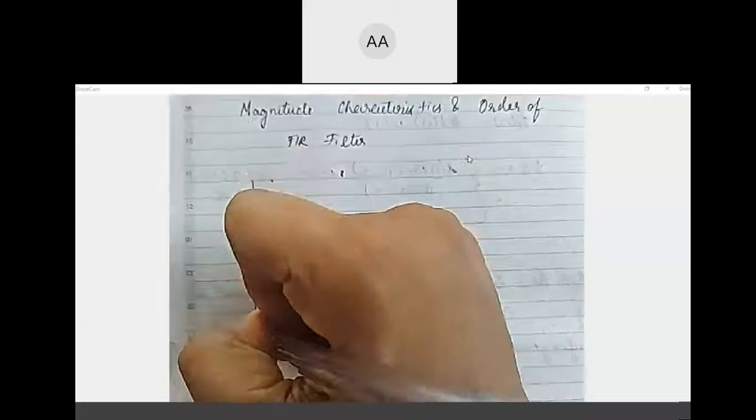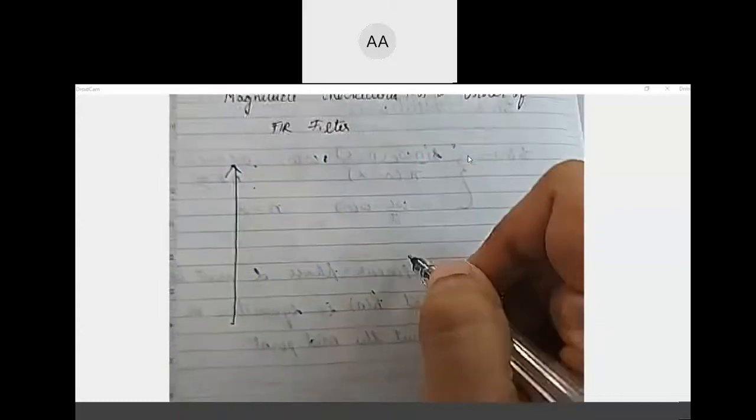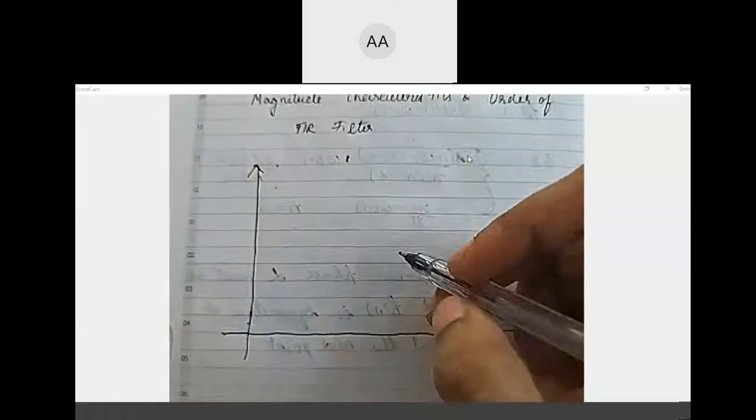Generally, if I want to write the magnitude response of the filter, I'll do it this way. You can draw it along with me. On the y-axis, we will plot h of omega, and something called delta will give us the stop band and the pass band ripple.